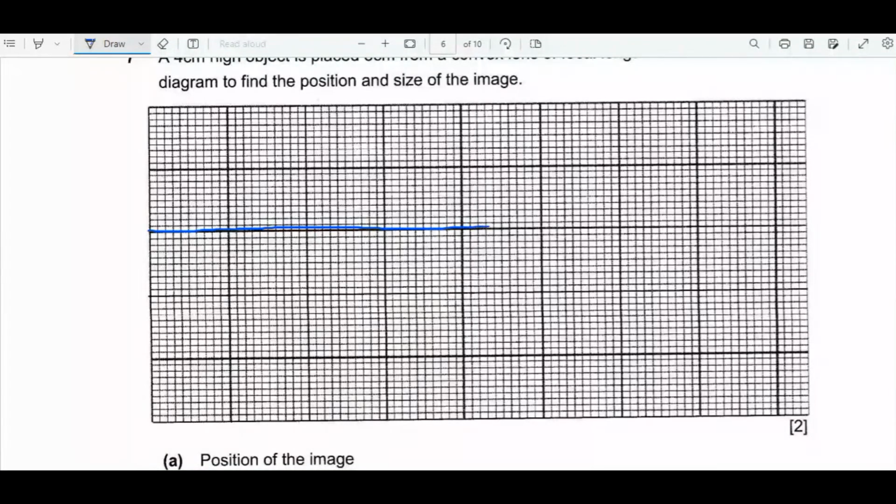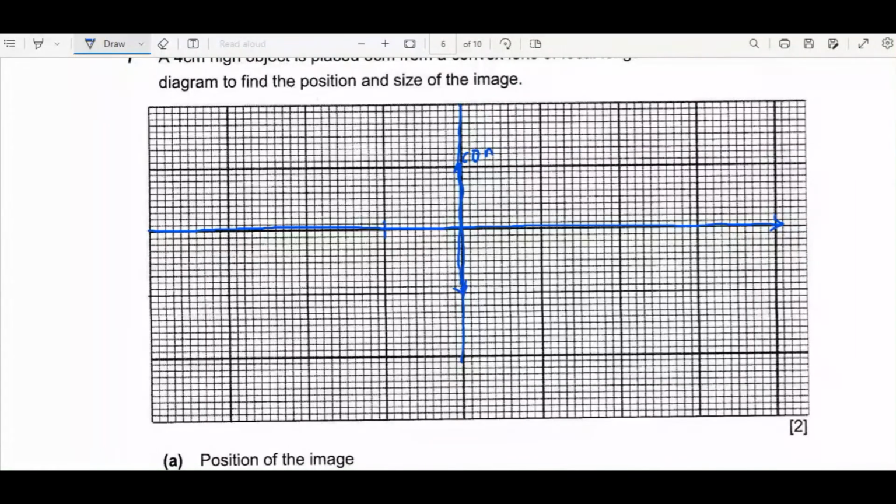Now whenever you are doing this, make sure you use the rule to get a diagram which is drawn to scale. Then we'll put our lens here. So this is our lens, a convex lens. Let's just make it as high as we can.